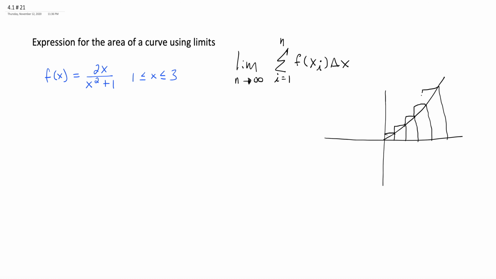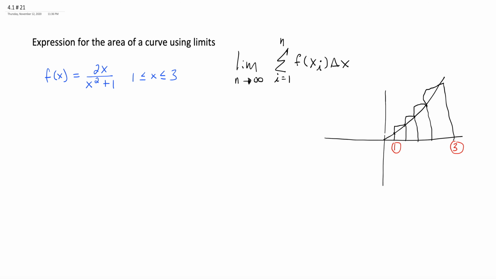And let's say we're going to do that from some interval, let's say from 1 to 3. Then we'll be starting from here, 1, and going to 3.